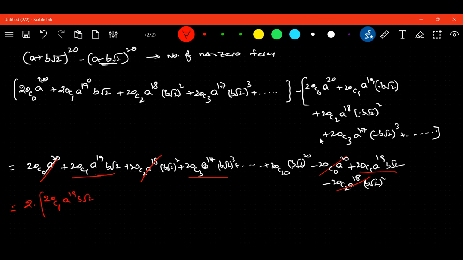In the same way, plus 20C3 a to the power 17 b root 2 whole to the power 3, and so on, till up to where? It will be till 20C19 a to the power 1 b root 2 to the power 19.